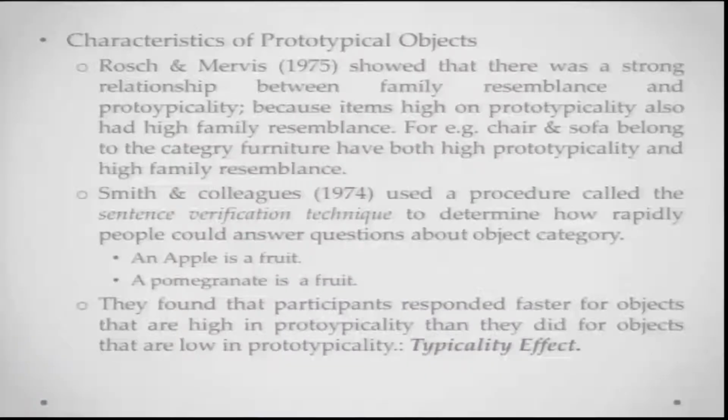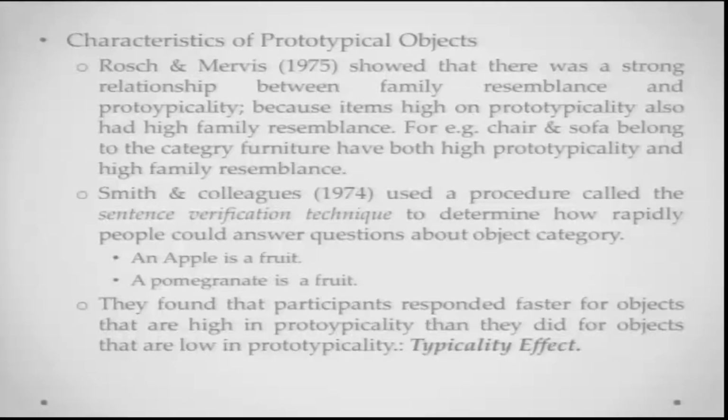Smith and colleagues used a procedure called the sentence verification technique, and they wanted to determine how rapidly people would answer questions about particular object categories. They would give participants sentences like an apple is a fruit, a pomegranate is a fruit, and they would ask them to respond yes or no to these sentences.